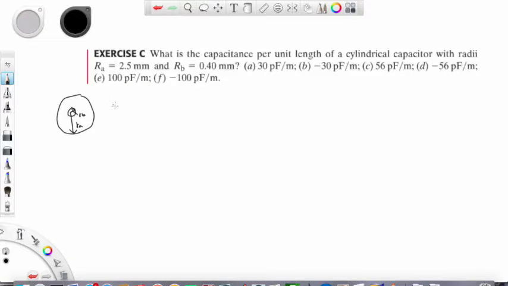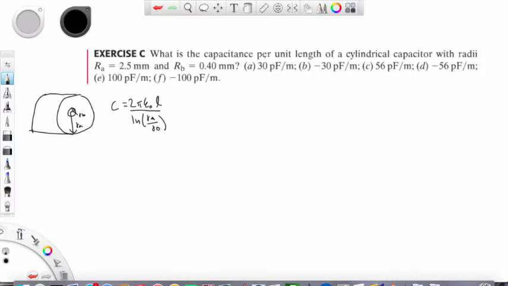And we knew that the capacitance in this case would be 2 pi epsilon 0 times the length of the capacitor. By length they mean that this would have some dimension, so pretty much they are referring to a coaxial cable here. And it's divided by ln RA over RB.